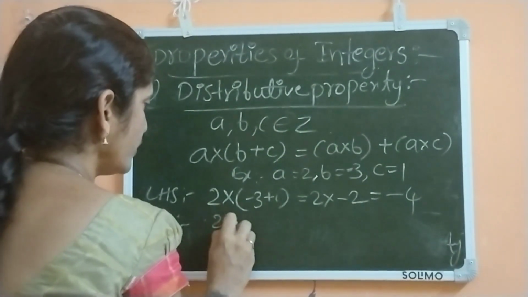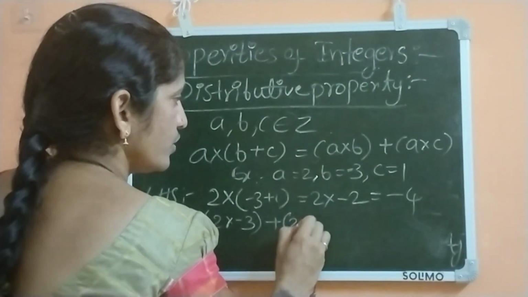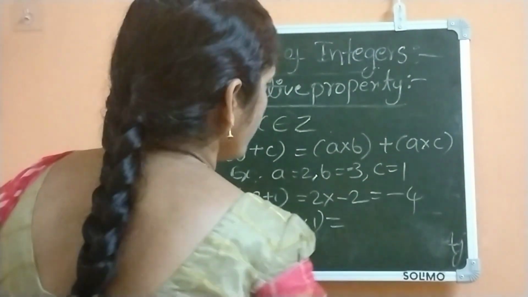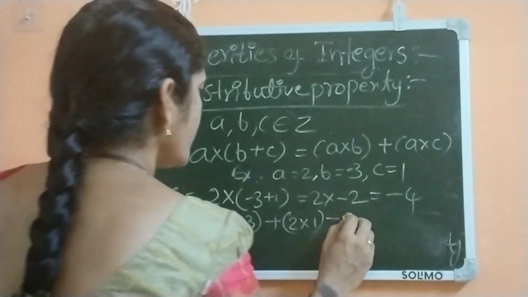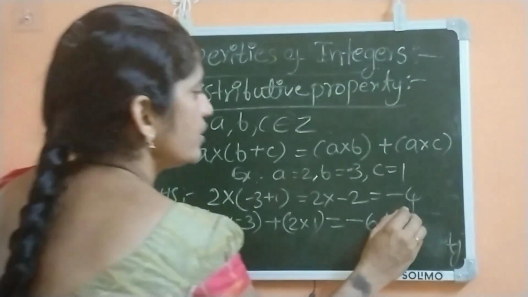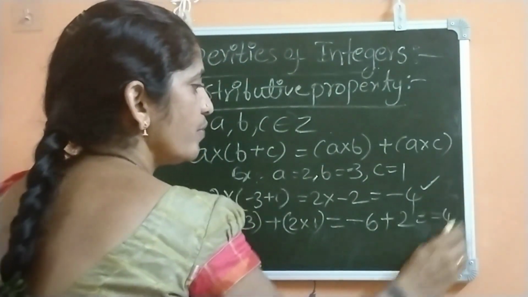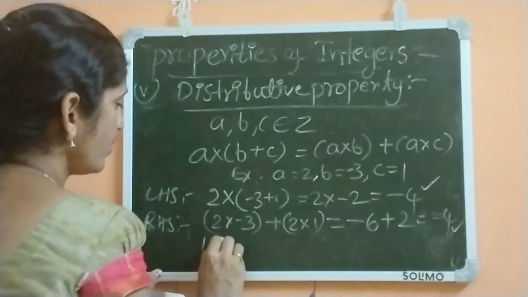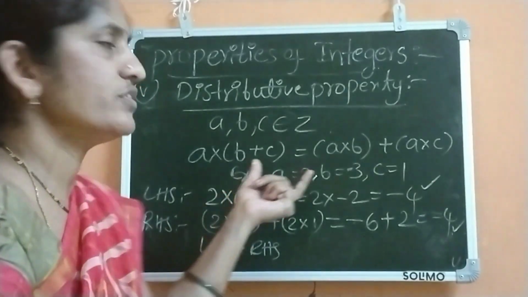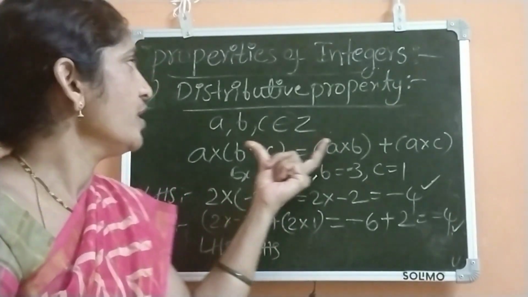RHS: a into b means 2 into minus 3, plus a into c means 2 into 1. 2 into minus 3 is minus 6, plus 2 is minus 4. So RHS is also minus 4, and LHS equals RHS. By this we can generalize that the distributive property in the integer system is possible.